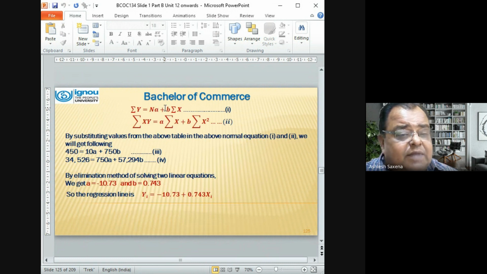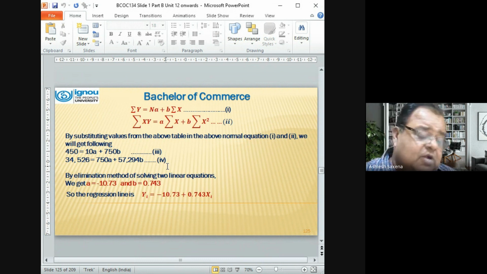These are the two basic equations, and we will be substituting the values. n is known to us, a is not known to us, b is not known to us, summation x we know, summation xy we know, and this summation x square is known. So straight away, we will put values over here in these two equations. So we will be getting equation number 3 and equation number 4.